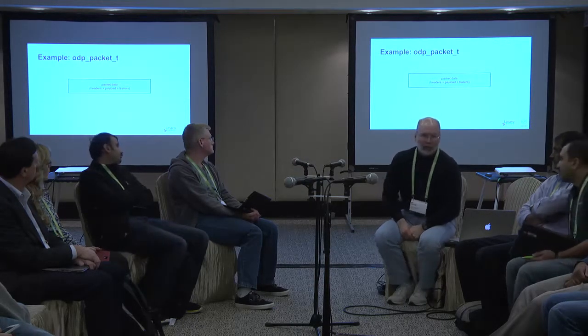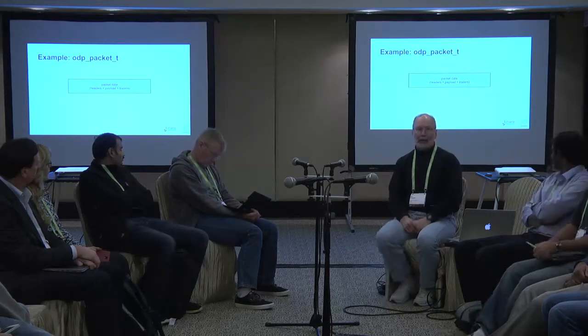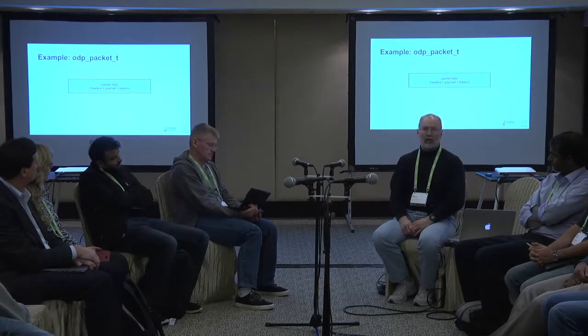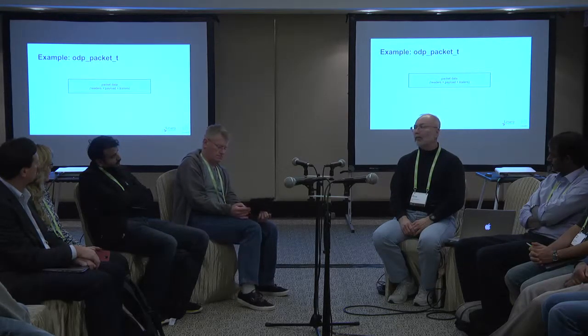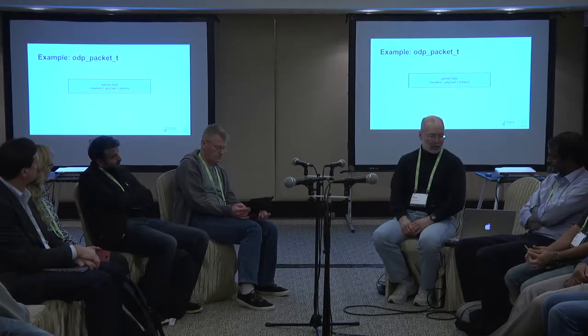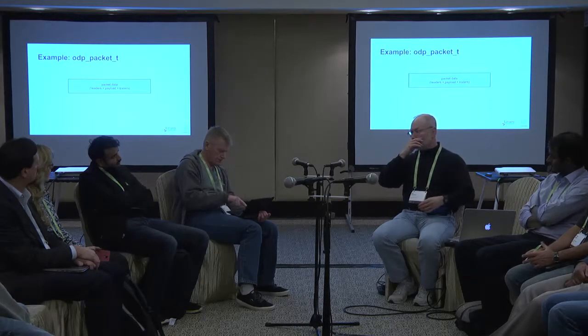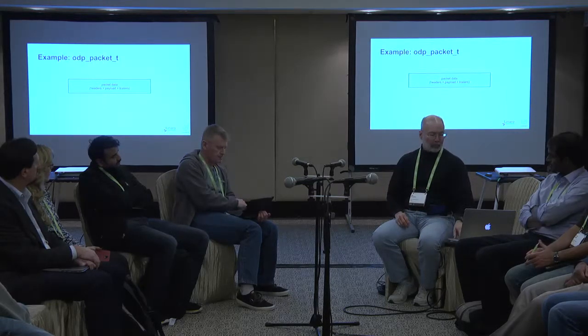So just to do a walkthrough of an example of how this works, if you think of a packet as an object, it's a set of bytes which represents a frame that would either be received or transmitted. And packets typically have headers, some sort of payload, and possibly some trailer information.